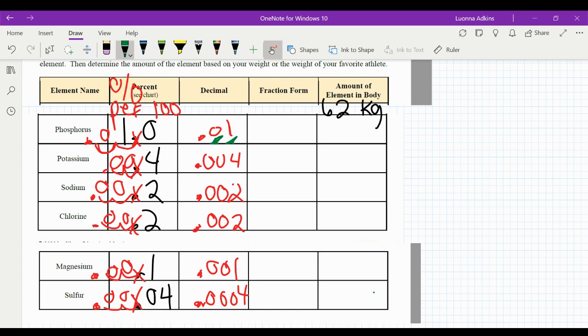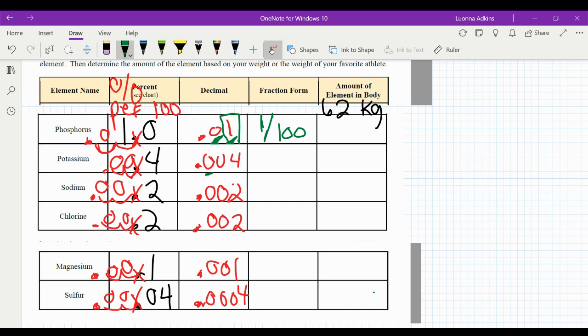In that number 0.01, we want to look at the 0 is in the tenths, the 1 is actually in the hundredths. So if we were to write that as a fraction, we would write that as 1 out of 100, or 1/100th. So phosphorus, as written in fraction form, is 1/100th.